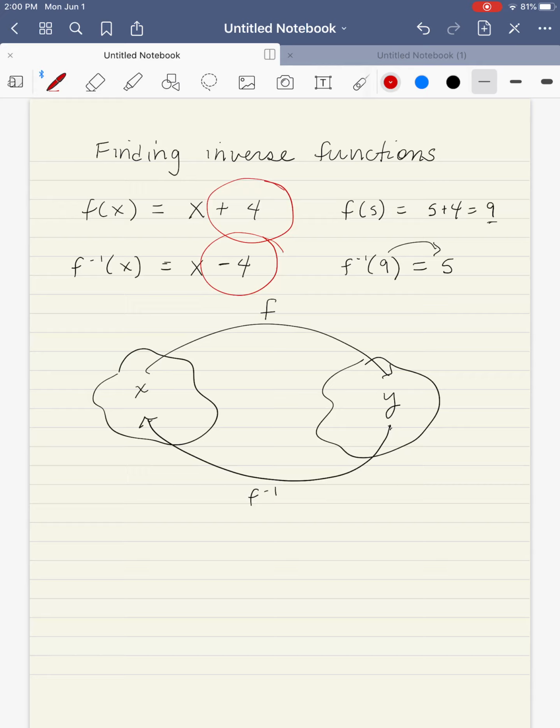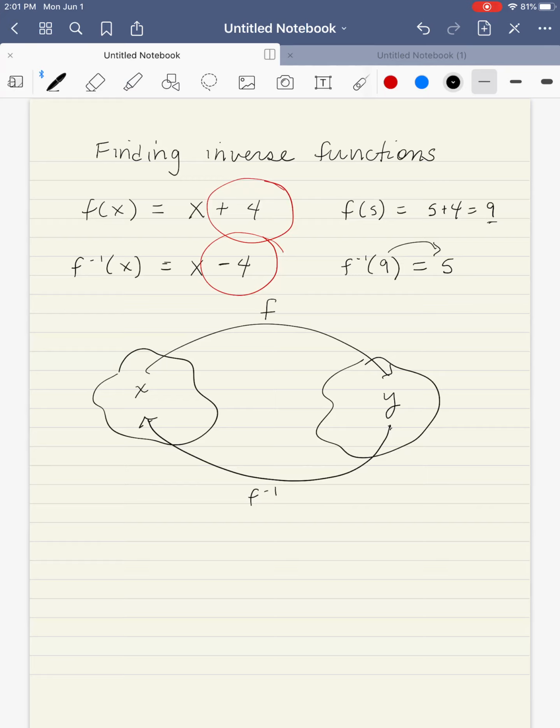We know that if we have addition, its inverse is subtraction. We know some other inverse operations as well. We know that the inverse of multiplication is division.